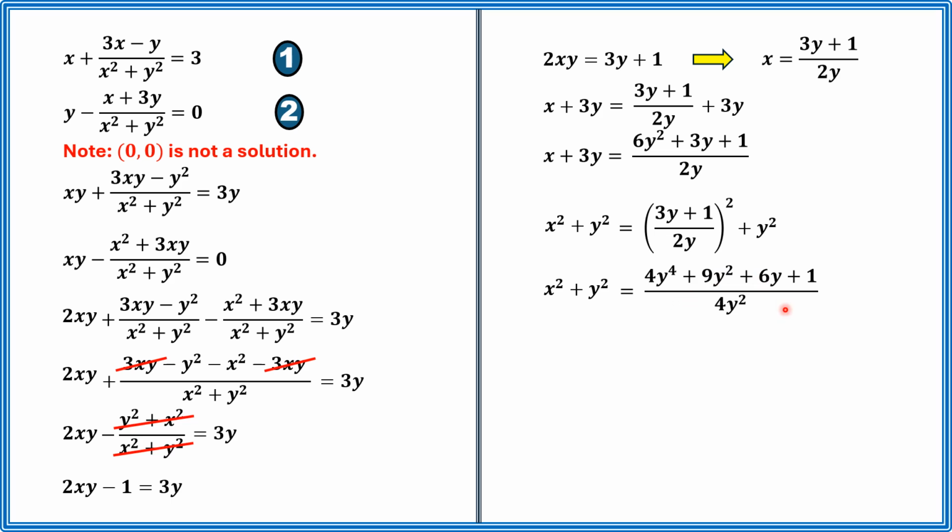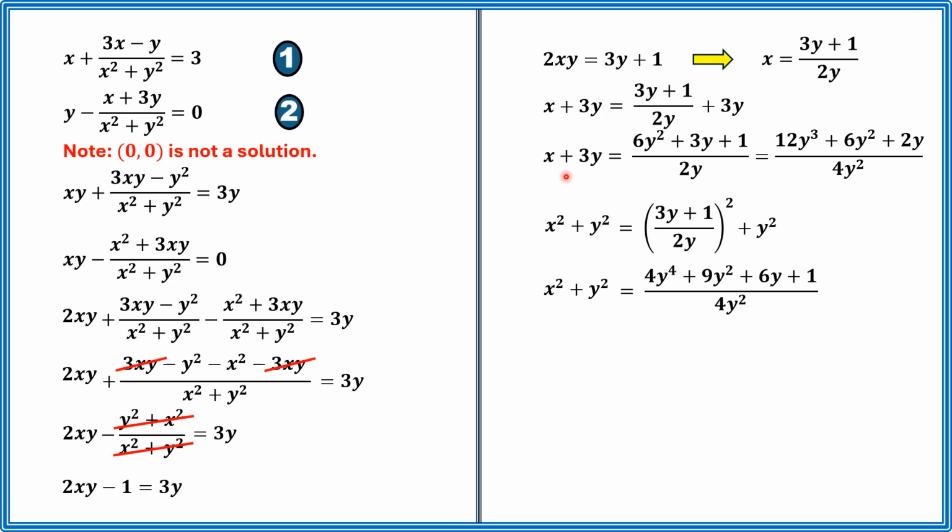Here we can see that in the denominator we have 4y square, so in x plus 3y we make it over 4y square, multiplying and dividing by 2y. So x plus 3y will become, with denominator 4y square, the numerator 12y cube plus 6y square plus 2y when multiplied by 2y.